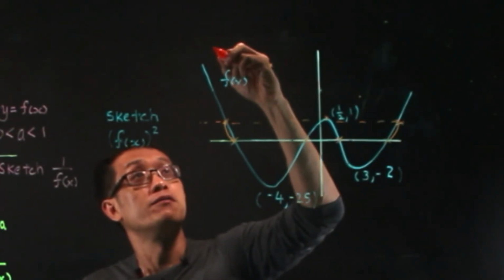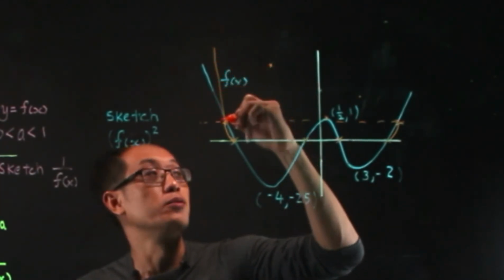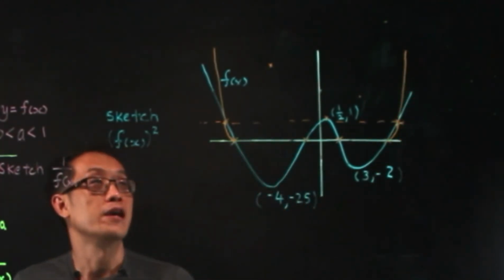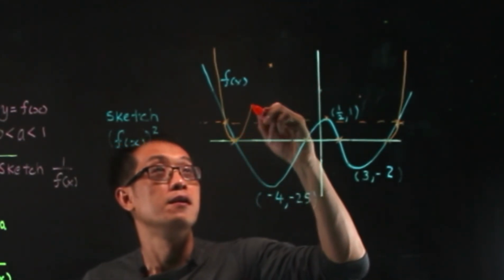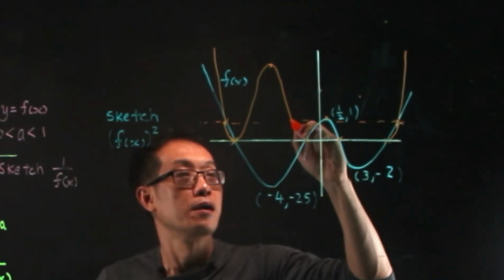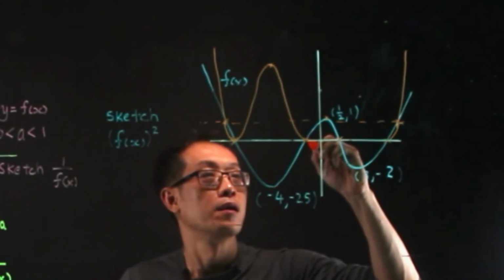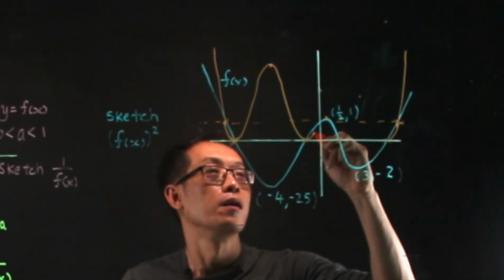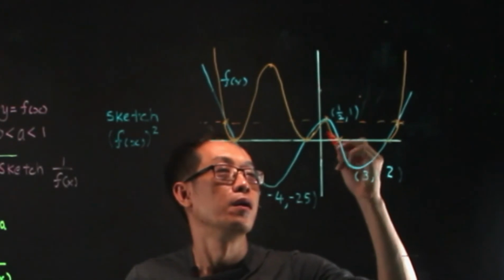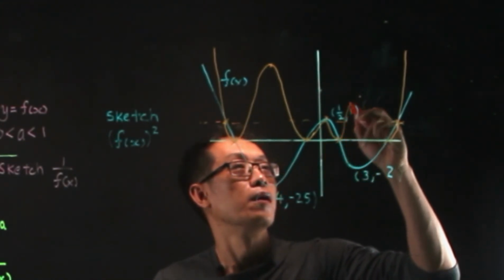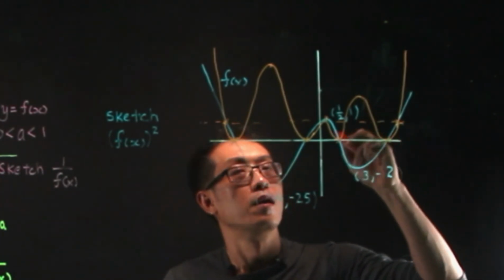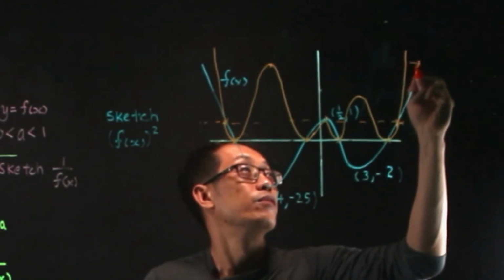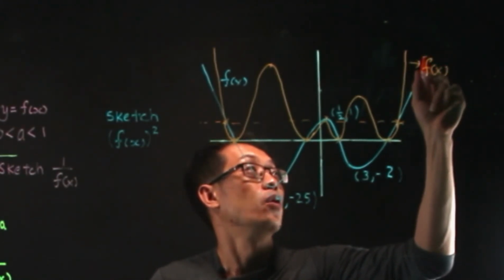So your graph goes this way, much steeper, then this way. So this is the graph of f of x whole thing squared.